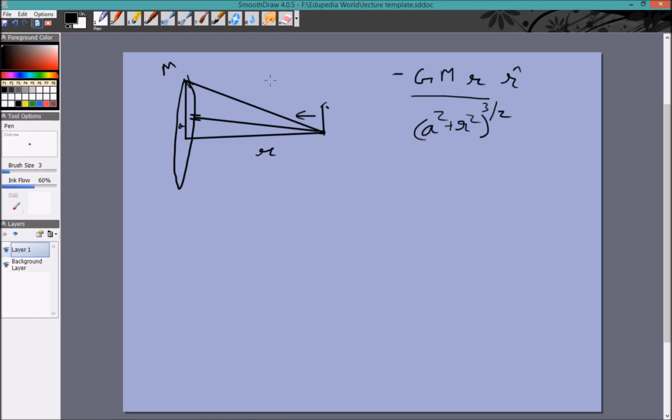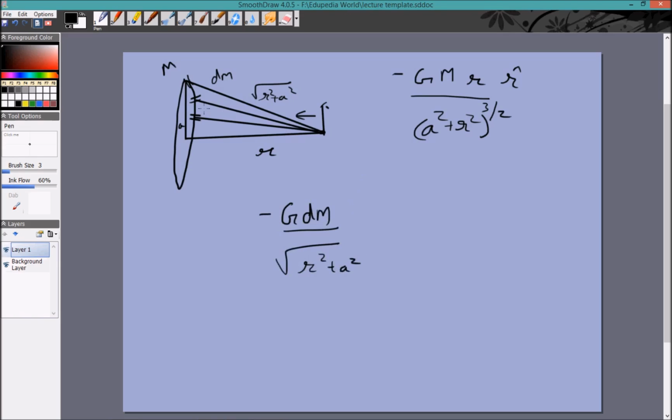because these are scalars. So if we take a small element dm, then the distance of that element from this point is root of r squared plus a squared. So the small potential due to that element would be minus G dm by root of r squared plus a squared.